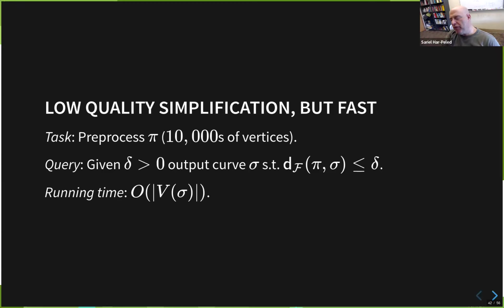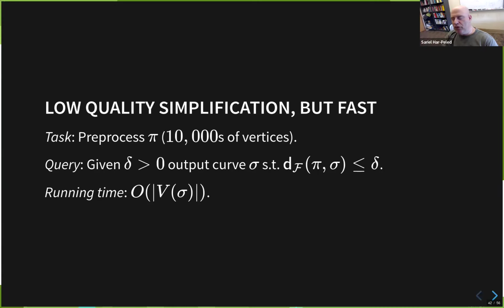I'm allowing you to do some pre-processing, but after that, I can ask queries and get a simplified curve below a certain threshold, but the running time should be linear in the output size. The reason we don't care about the quality too much is because we are speaking about monstrously large inputs. As I said, tens of thousands of vertices.